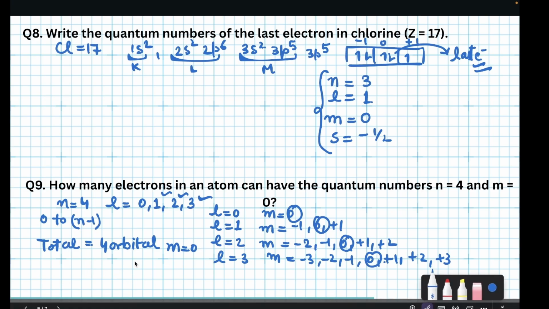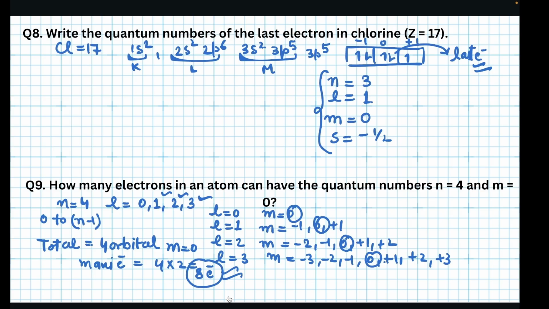And as we know that each orbital can hold 2 electrons, so maximum electrons with m is equal to 0 is 4 into 2. Total 8 electrons. So this is the answer.